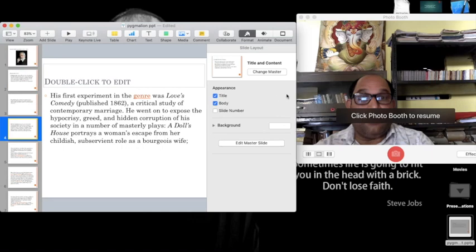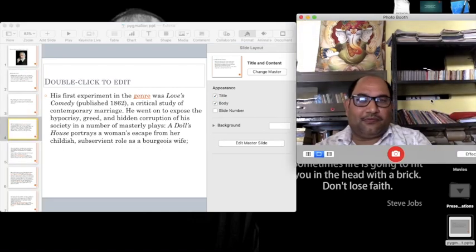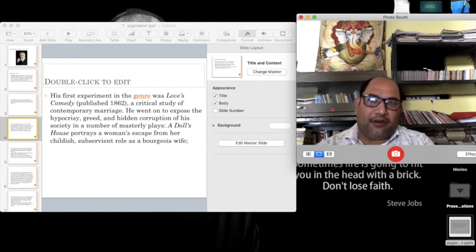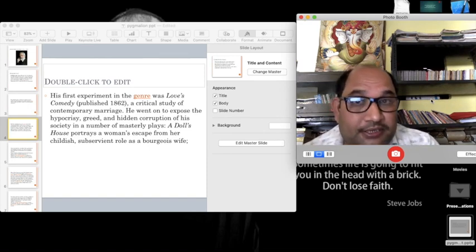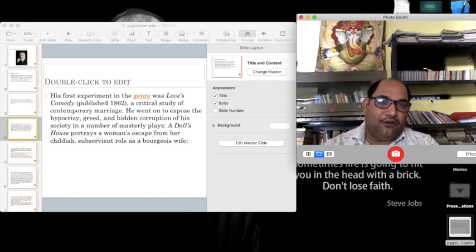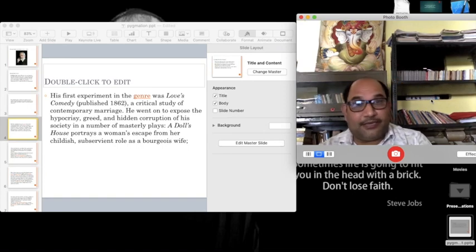When you read the plays of Henrik Ibsen, the first experiment in this genre was Love's Comedy, which was published in 1862, and it's a critical study of contemporary marriage.